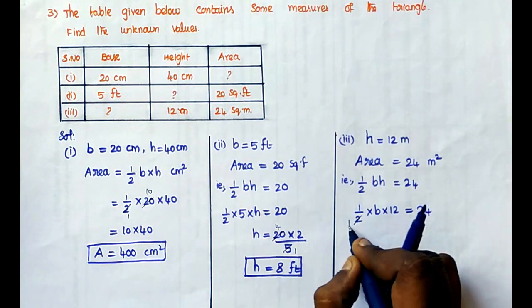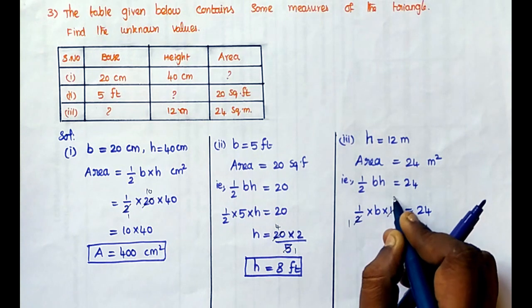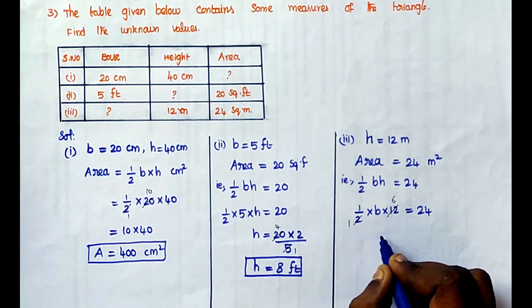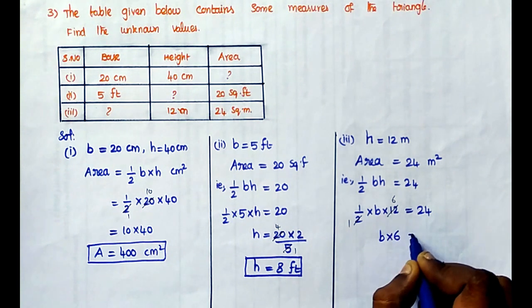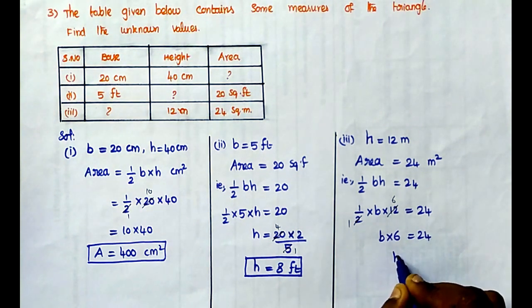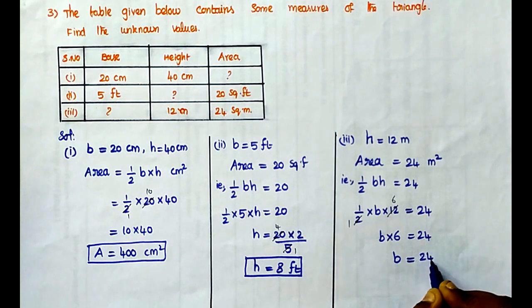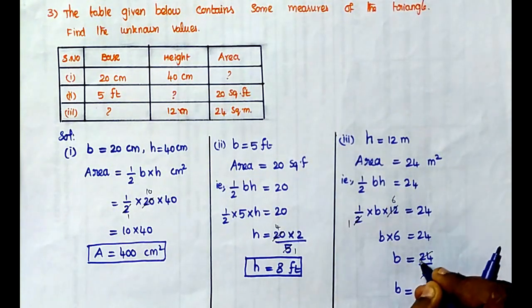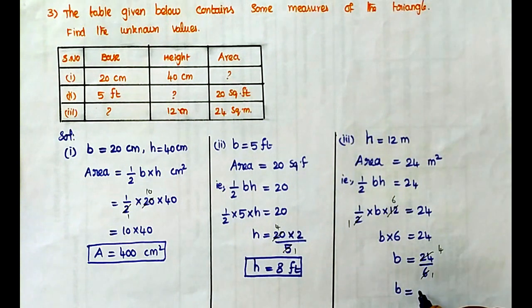Cancel the number here itself. 2 1 is 2, 6 2s are 12. So B into 6 equal to 24 and B equal to 24 divided by 6. So B equal to 6 4s are 24, 6 1 is 6, 4 6 are 24. So 4 meter, that is base of the triangle. That is the answer.